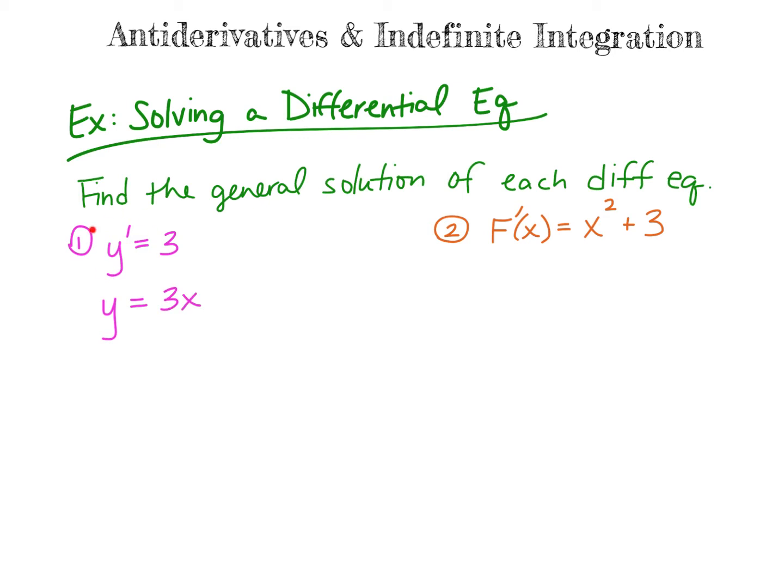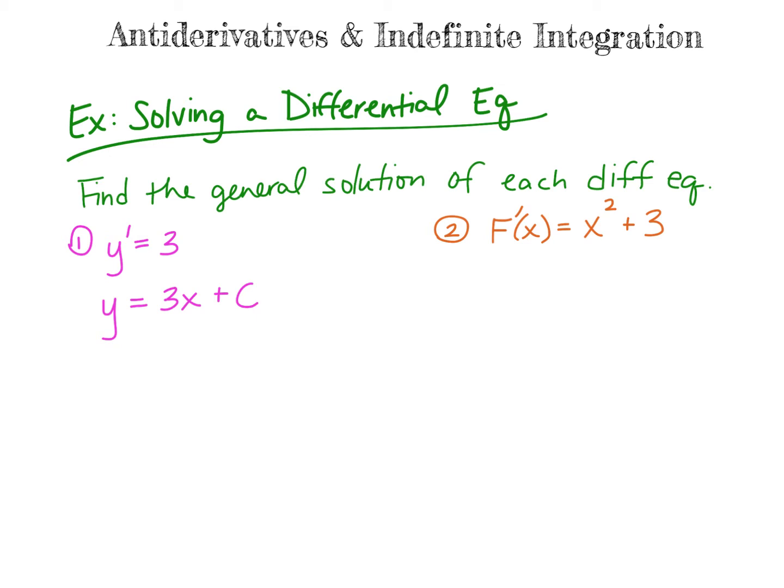This is not denoted dy dx. It's just y prime. So you could have easily put 3a, 3p, but I'm going to use x because that's what we normally use. And then we, of course, have to take into account that there could have been a constant there. So the general solution of this differential equation, y prime equals 3, is y equals 3x plus c.